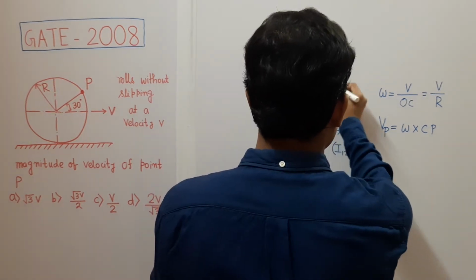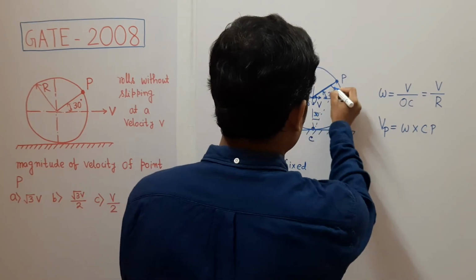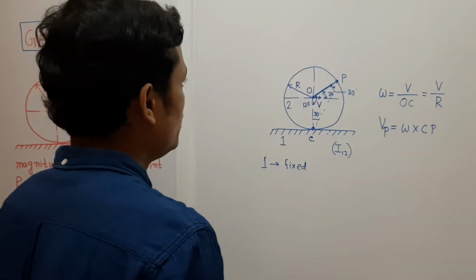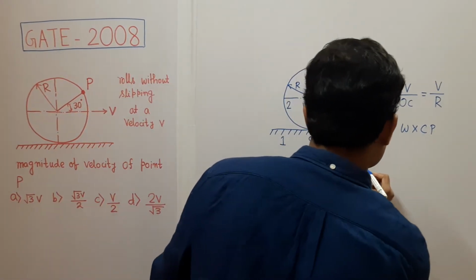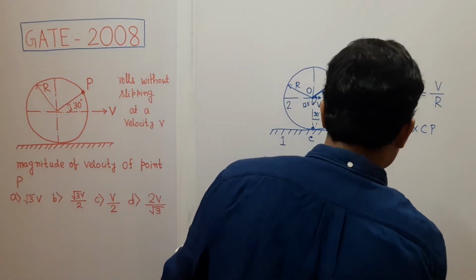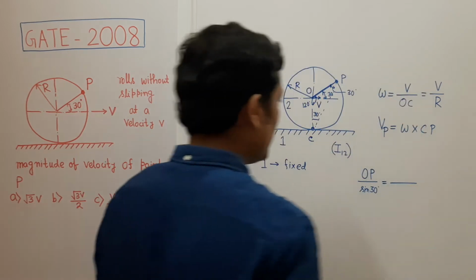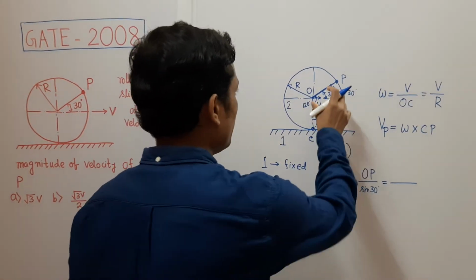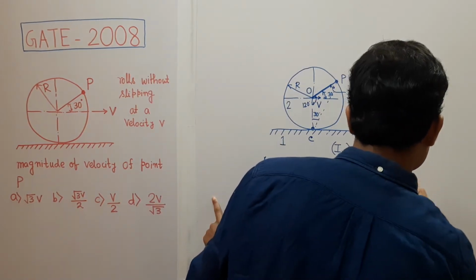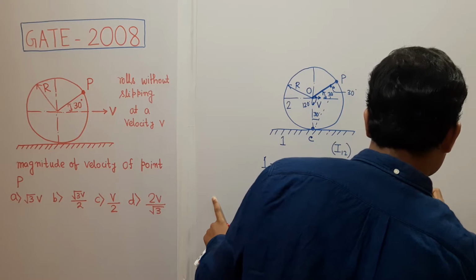These two sides are equal, OP and OC are equal, so this angle is also 30 degrees and this angle is also 30 degrees. Now applying Lami's theorem or the sine law, OP by sine 30 degrees is equal to CP by sine 120 degrees.